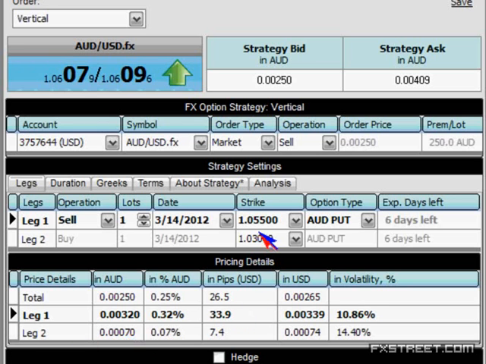So you're looking at a fixed risk scenario here where no matter what the market does, if Aussie absolutely falls through the floor and goes down to 101 or something like that overnight, you're stopped out because you've bought a little bit of insurance here by paying 7.4 pips for this other put down below.